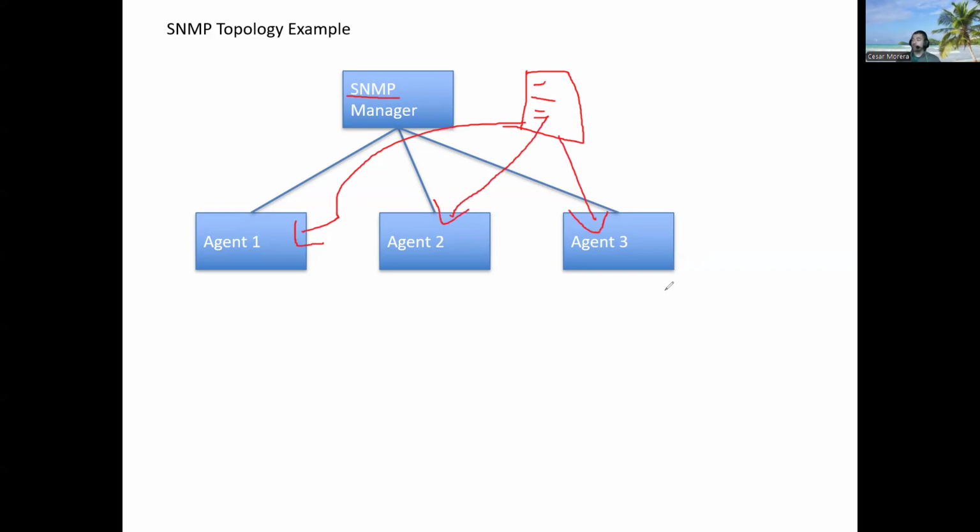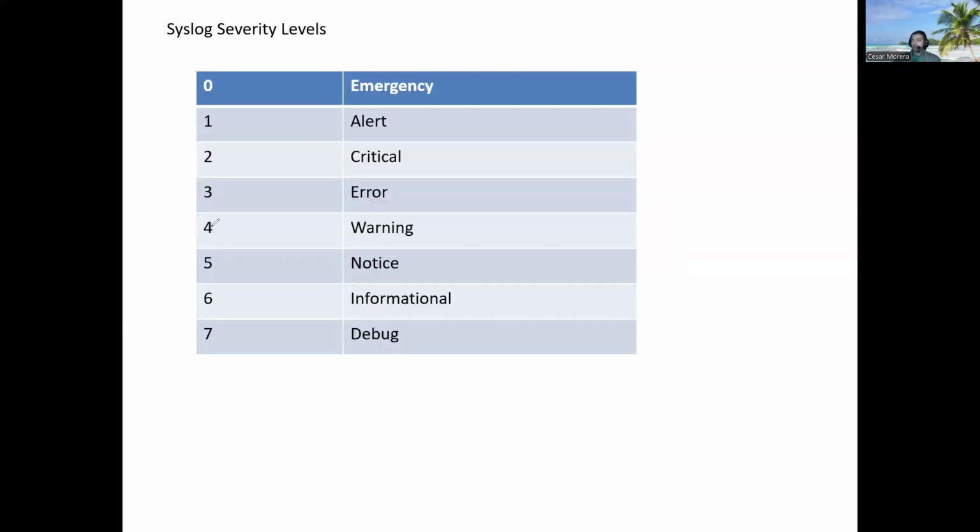It synchronizes all the information, and it will give us the traps, all the traps. We are going to analyze the syslog security levels in a moment, what they exactly mean and how they work. So let's clear this board for now and continue moving on.